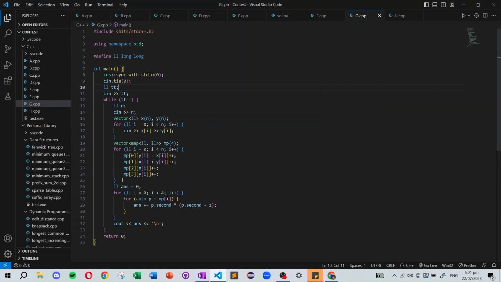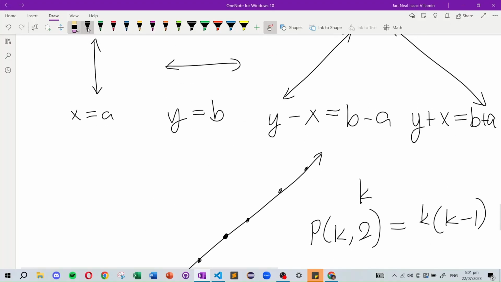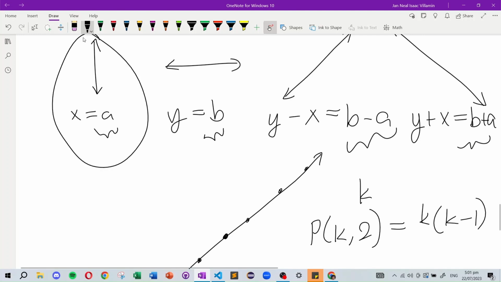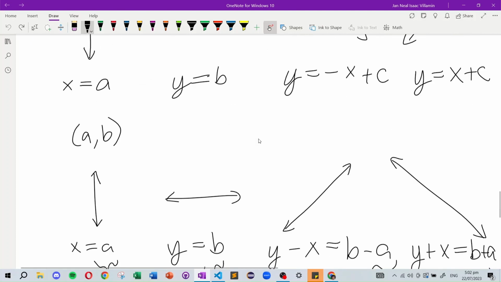What I did to implement this is to store the frequencies of a certain constant, and what constant we're talking about, it's the right hand side of these equations. So for this type 1 line, how many points have this as the constant, and how many points have this as the constant? So that's the general gist of the implementation.